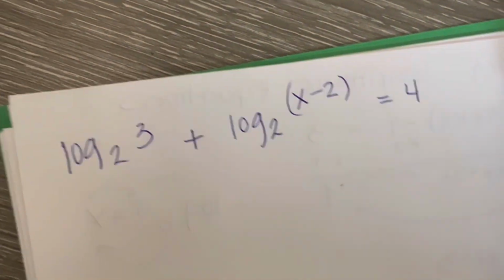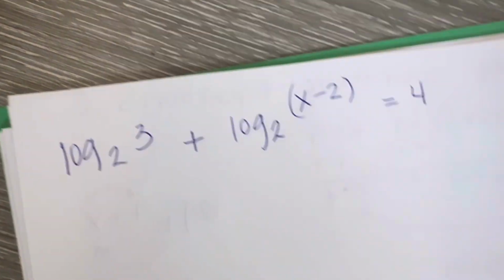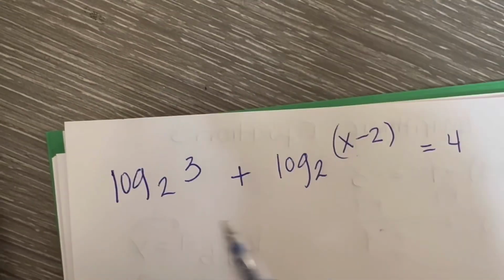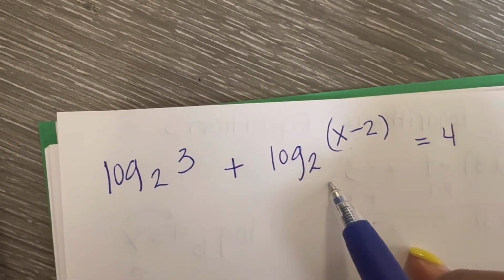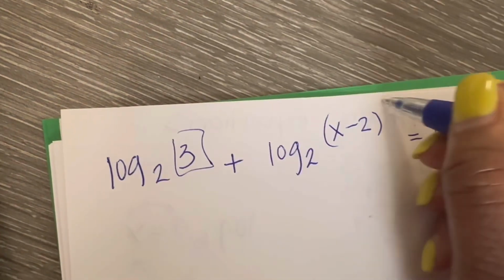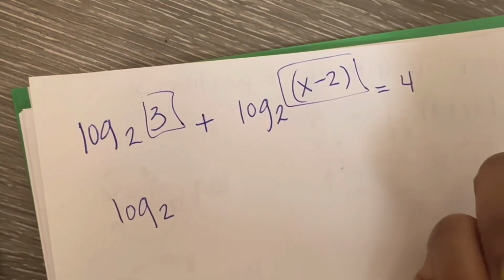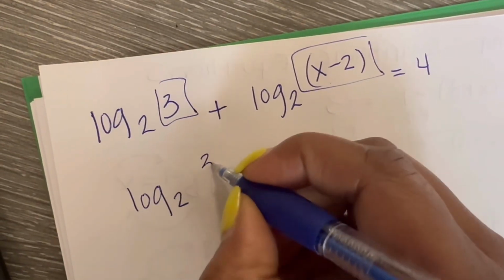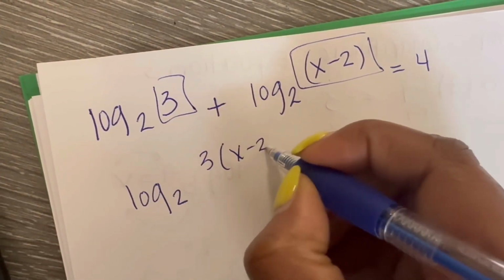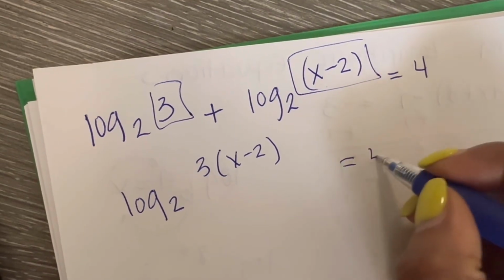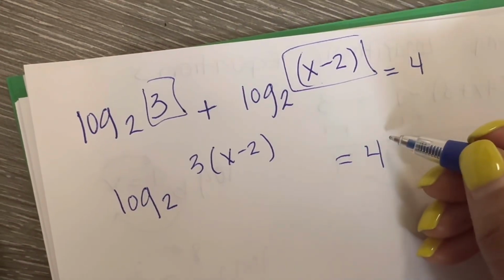Okay? So you have to use your problem solving skills. It's a puzzle. So we're looking to solve for x. We've got the same base here. So we can multiply our arguments. So bring your log base 2 down, and then go ahead and multiply your arguments. And bring down the equals 4.